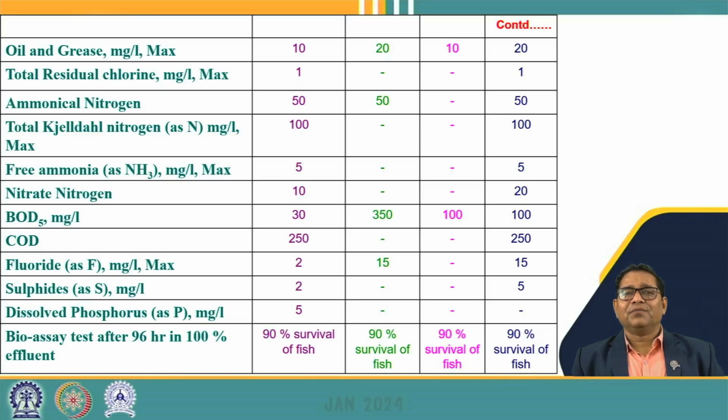So these are different parameters, they have different standards for different modes of disposal, and they must be confirmed before the wastewater is finally discharged to any mode of disposal. So this is all about our industrial wastewater characteristics, its importance, and the final effluent discharge standards to which our industrial wastewater should be treated before it is disposed to the environment.